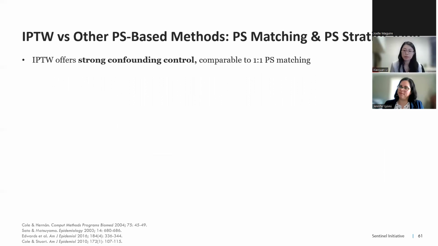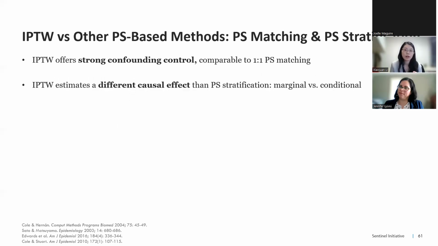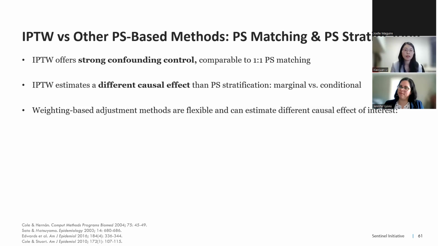The methods could estimate different causal effects. Inverse probability treatment weighting or one-to-one or one-to-n unconditional propensity score matching estimate marginal treatment effects. One-to-one conditional propensity score matching or one-to-n variable ratio propensity score matching, and also propensity score stratification, actually estimate the conditional treatment effects.